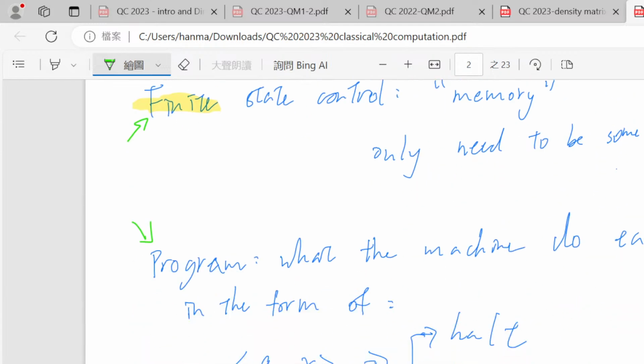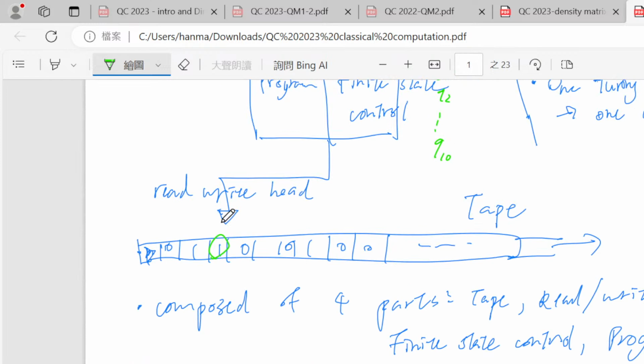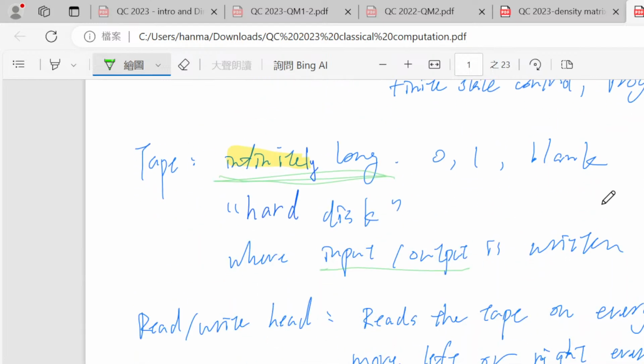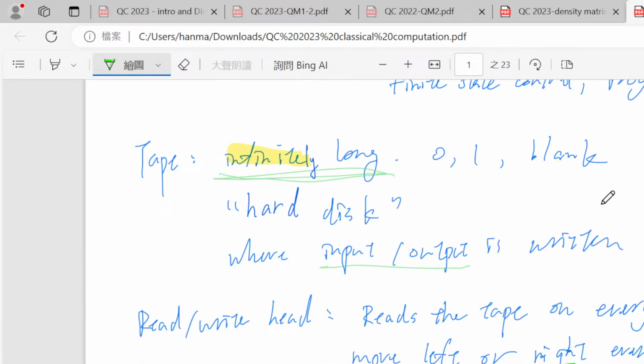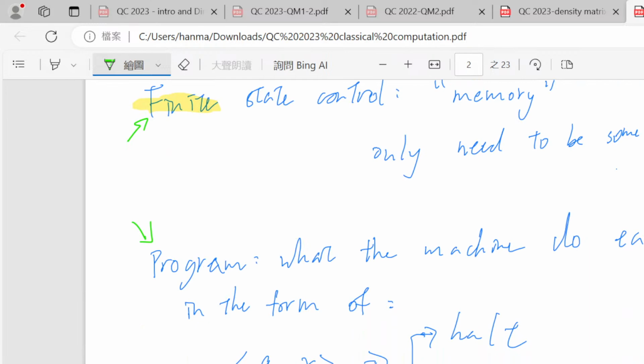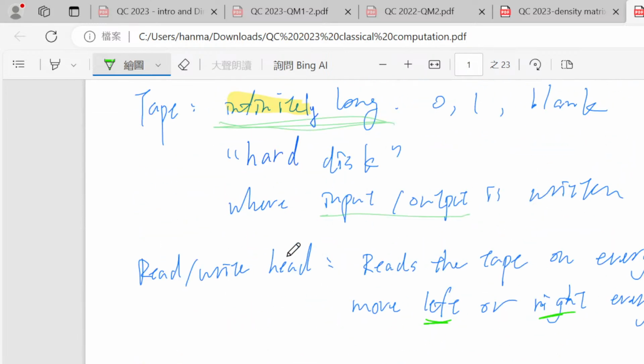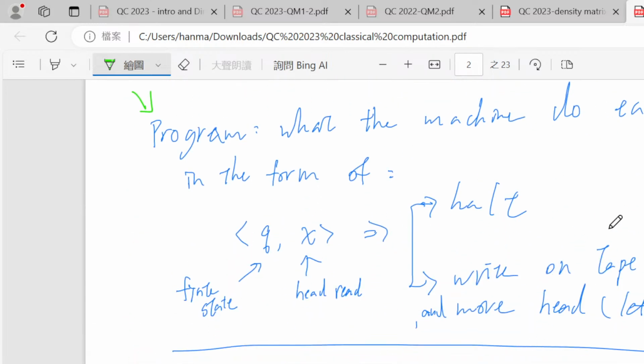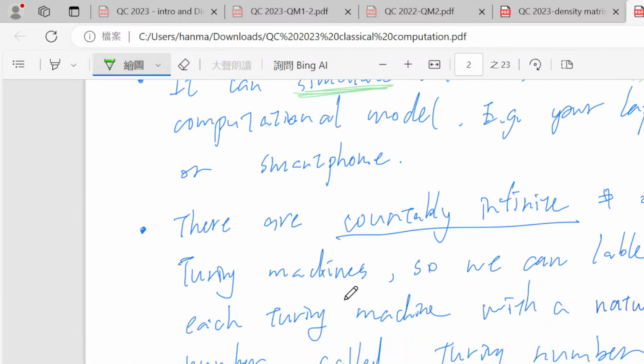So say your Turing machine is, whatever I see, I just move right, and then your Turing machine will never halt because there is no halting instruction inside. Okay. And yeah, so your Turing machine on a particular input can either halt or run forever.